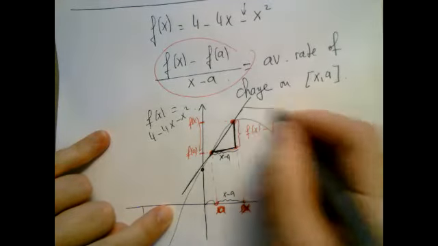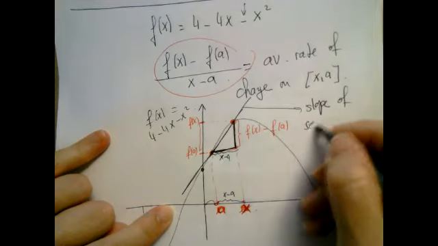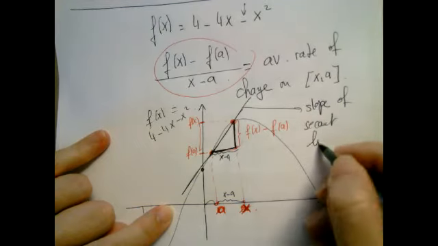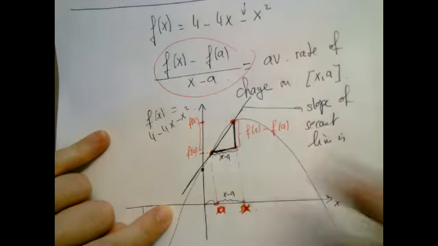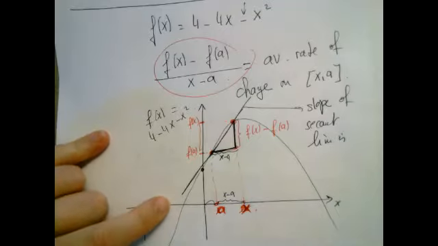So the slope of the secant line is this quotient. That's how we visualize this graphically.